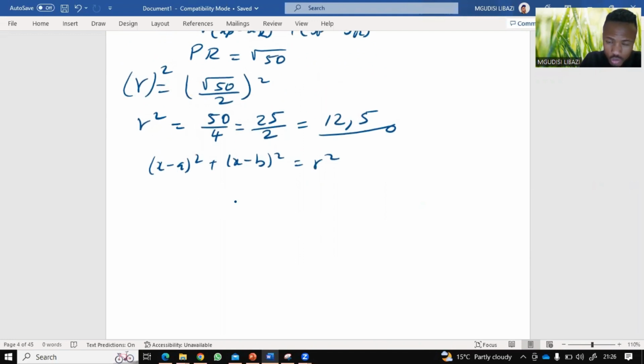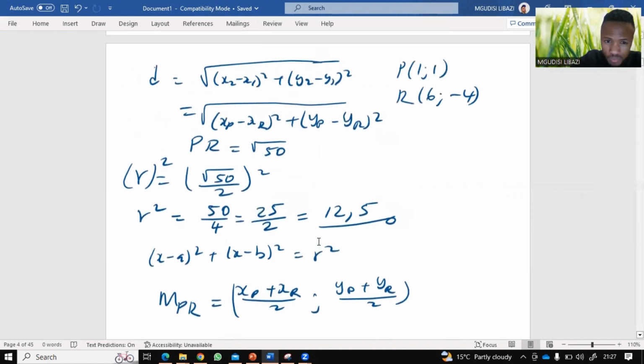That means we need to find the midpoint of PR. So that's going to be (xp plus xr) over 2, and (yp plus yr) divided by 2.